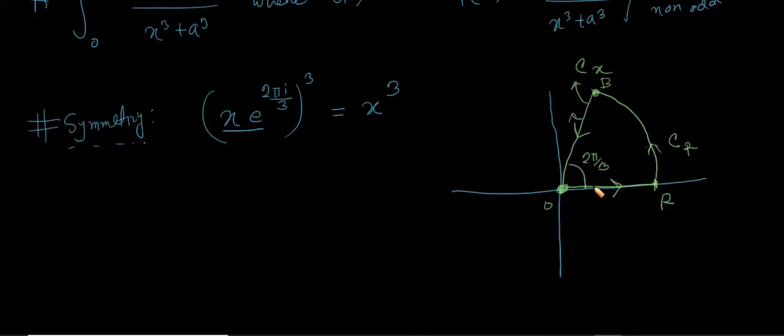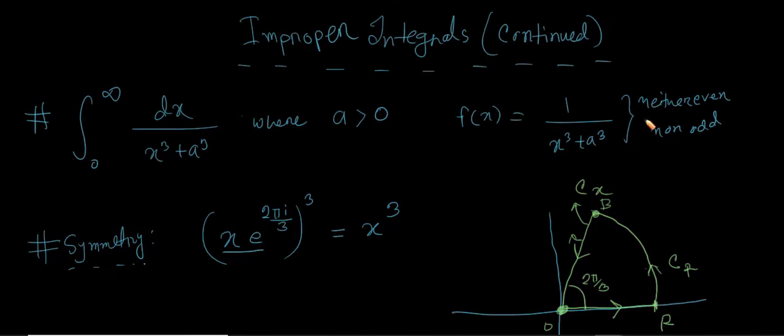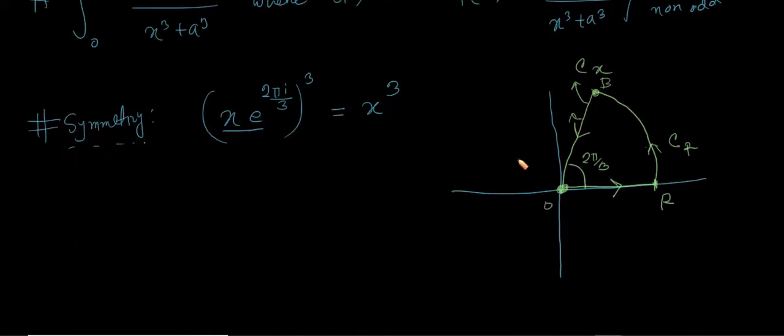This is our contour for this integral, and now we just have to use the residue theorem, and after using that we will proceed as before, where we need to break down the integral along these lines. So let's do that.